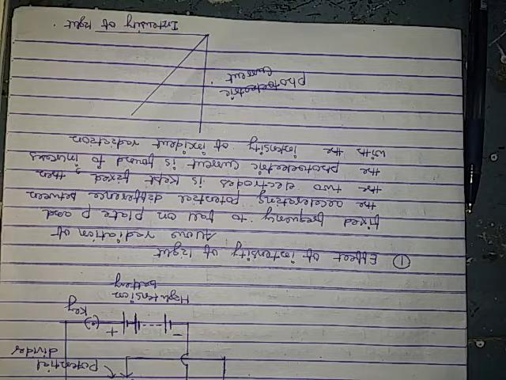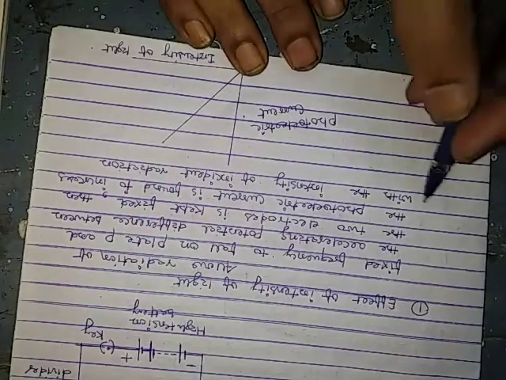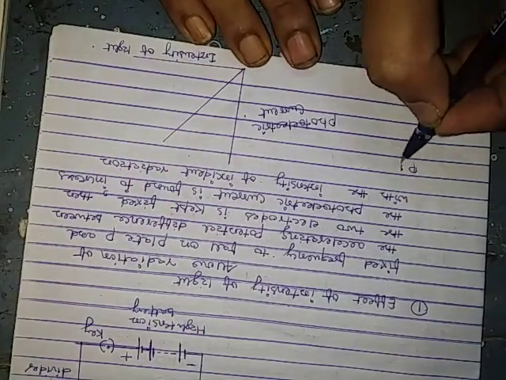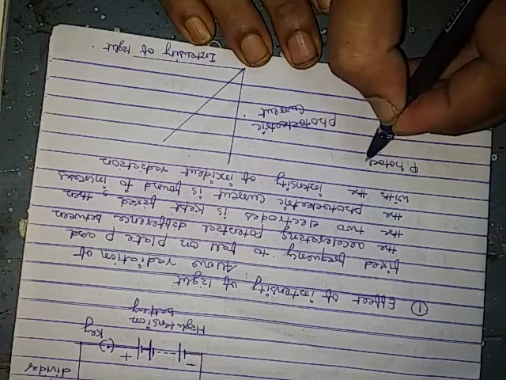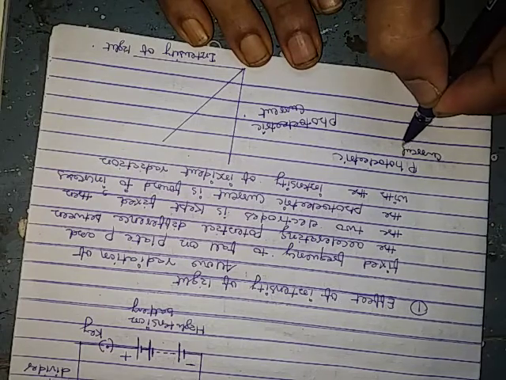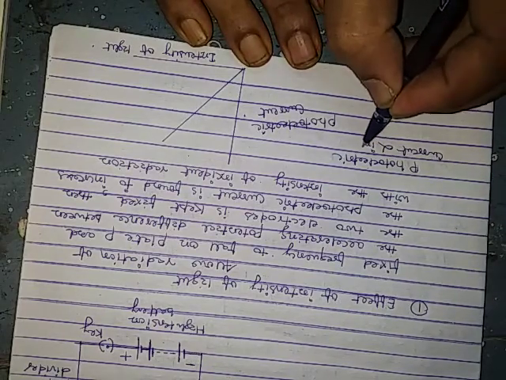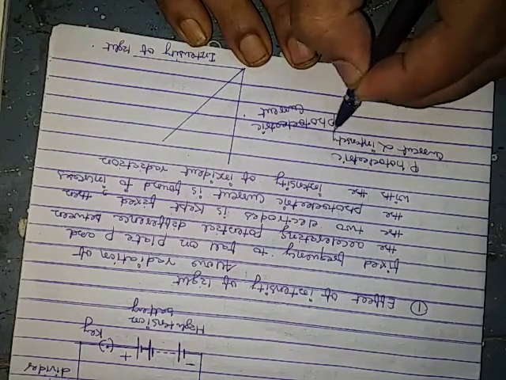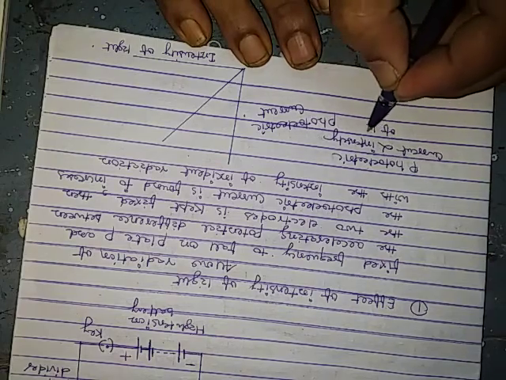Then the photoelectric current is found to increase with the increase of intensity of incident light. So the photoelectric current is directly proportional to the intensity of light.